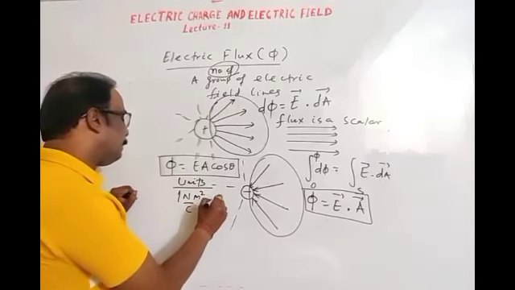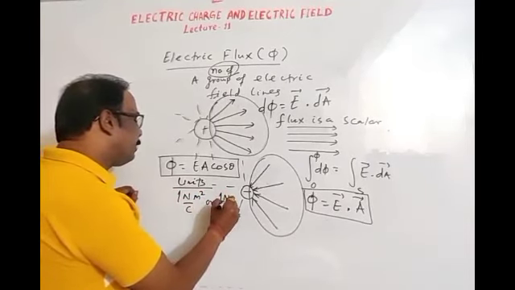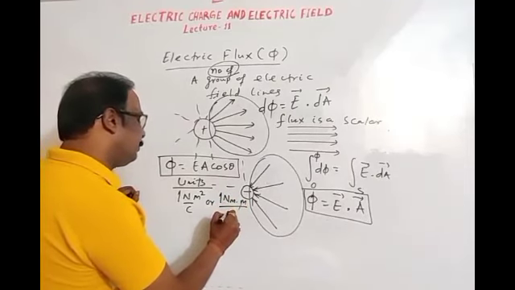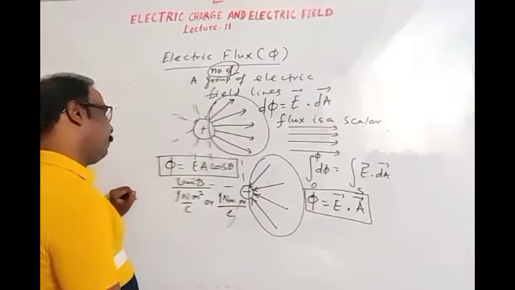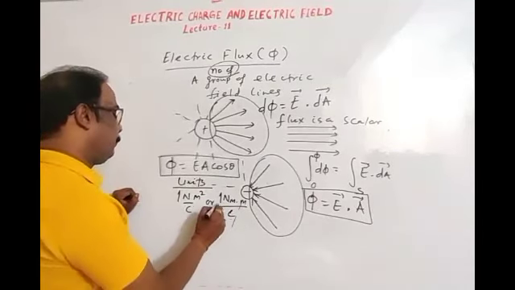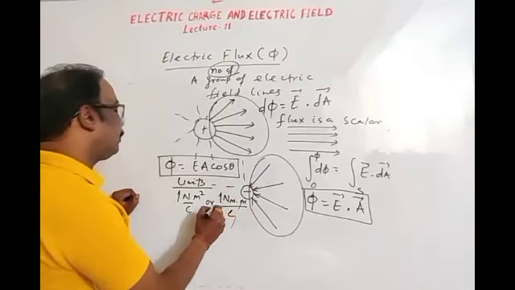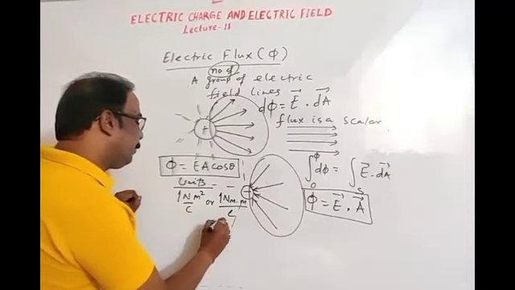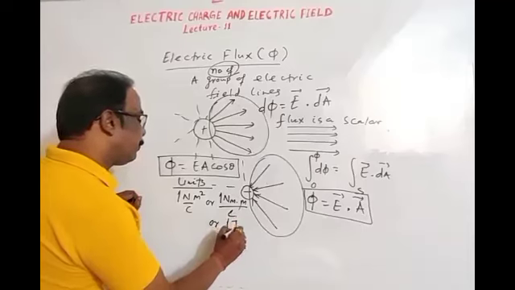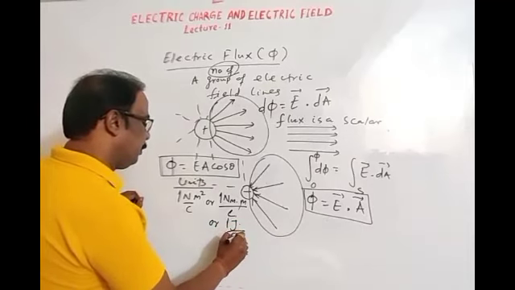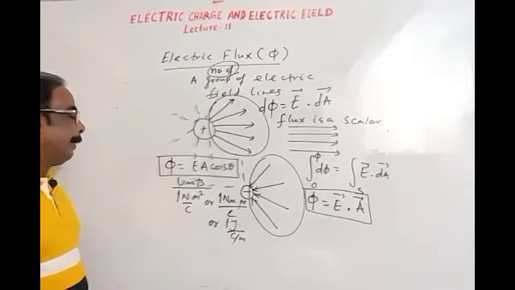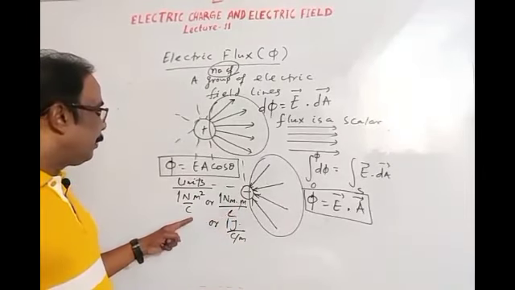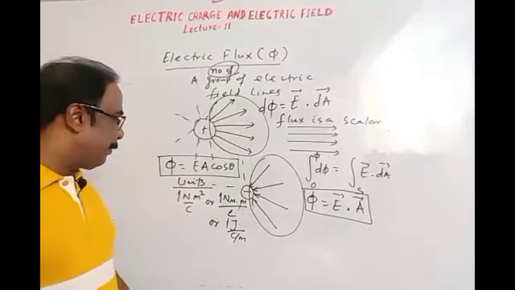Or this may be written as Newton meter into meter divided by coulomb. Newton into meter is joule. Then coulomb divided by meter.